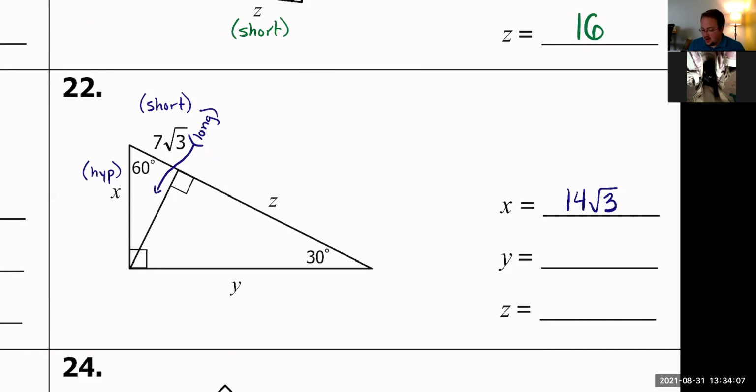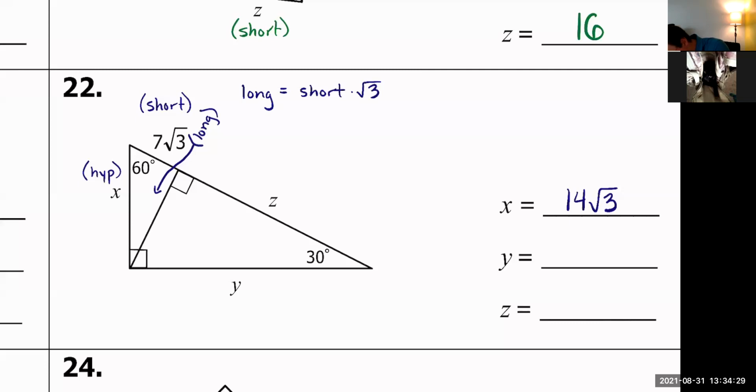And then while I'm there, I'm going to go ahead and find that long leg. Although it doesn't specifically ask for it, it may prove useful later on. That long leg, let's see, is going to equal the short leg times the square root of 3.